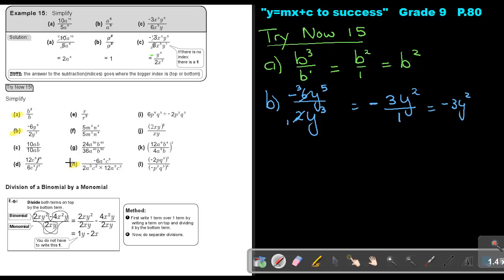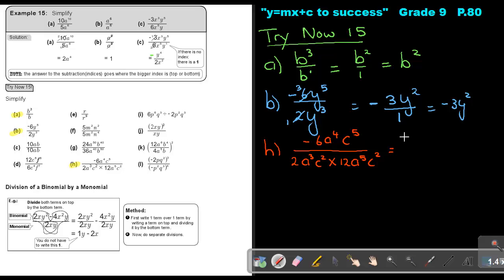Okay. If I look at the one like this, number H, let's just do number H. So this was negative 6 A to the power 4 and C to the power 5, and it's over 2 A to the power 3, C to the power 2, multiplied by 12 A to the power 5, C to the power 2. Now, in this case, first do that multiplication.